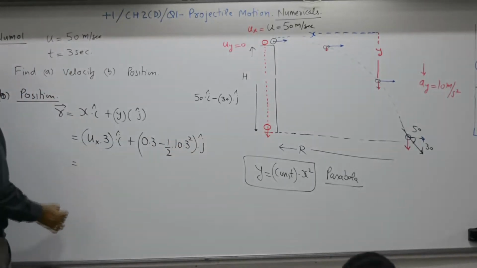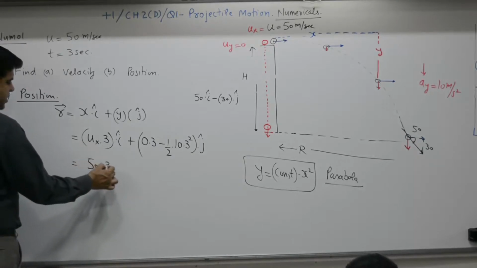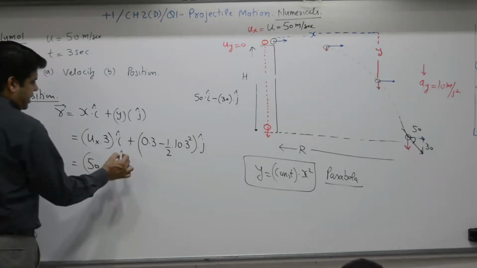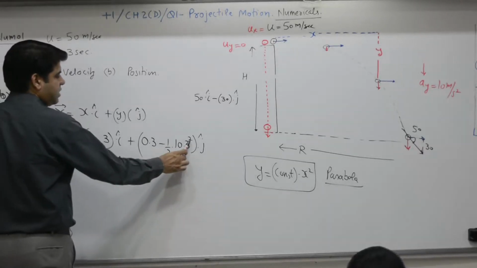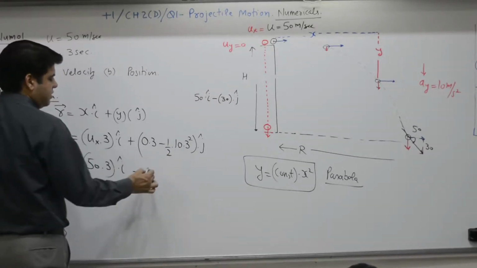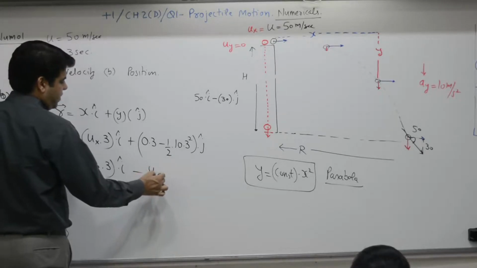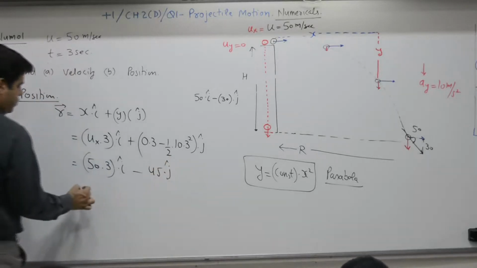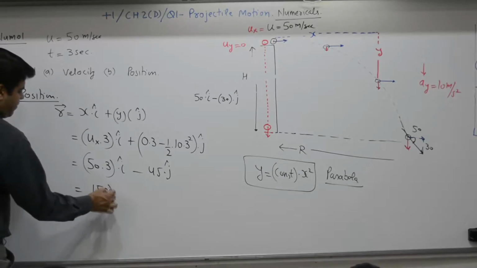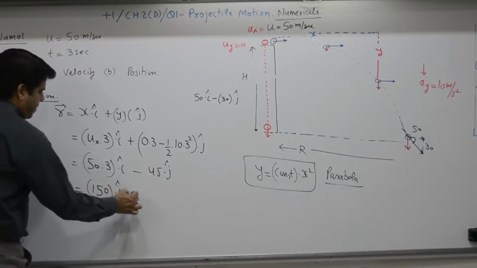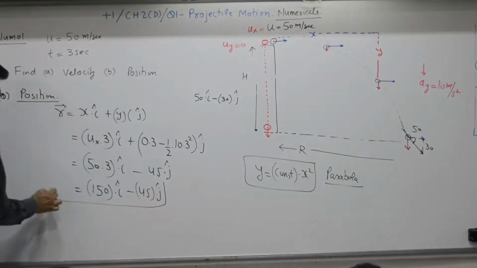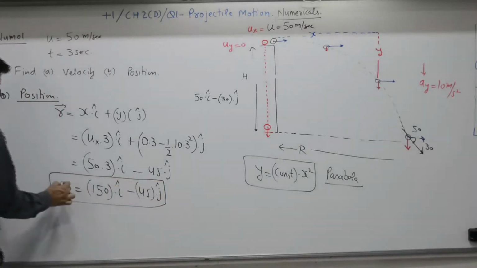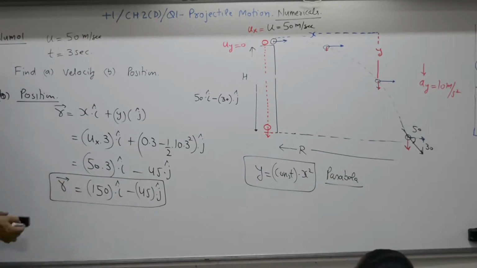Ux is 50, so 50 into 3 i minus, this is 10 by 2 is 5, 3 square 9, 9 into 5 is 45. So it is 150i minus 45j. This is what R is.